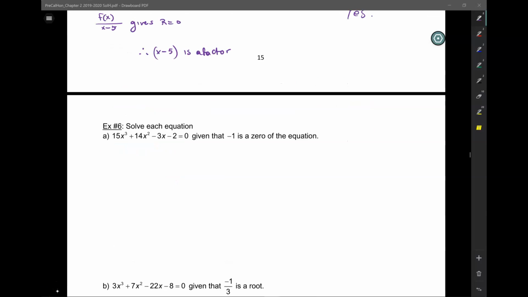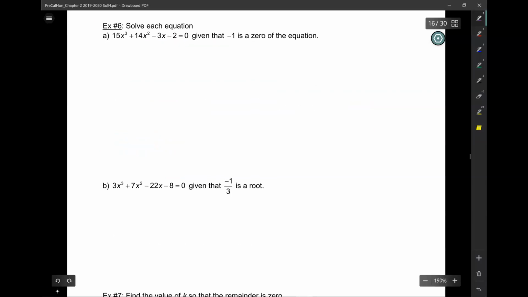All right, we're going to put it all together. It says to solve each equation, right? So it says solve this, given that negative 1 is a 0. So let's work backwards for a minute. If negative 1 is a 0, then what do we know?